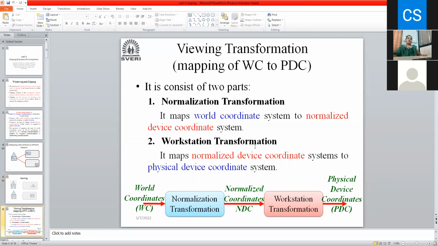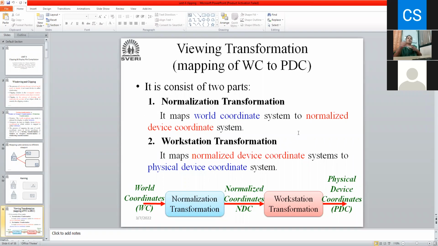Then we have seen the conversion. In order to perform the viewing transformation, that is, world coordinate system into device coordinate system, there are two steps. First is the normalized transformation, and second is the workstation transformation. For the normalized transformation, we compress the given image so that it resides in a one by one block. That is called the normalized device coordinate system.